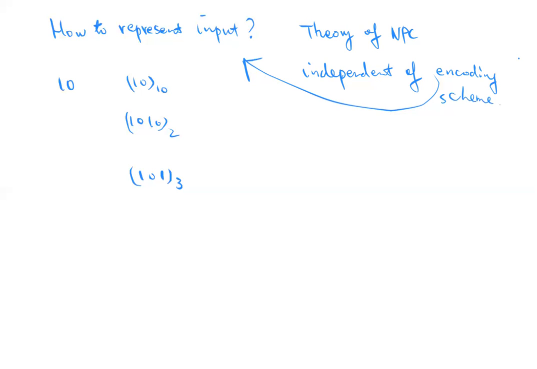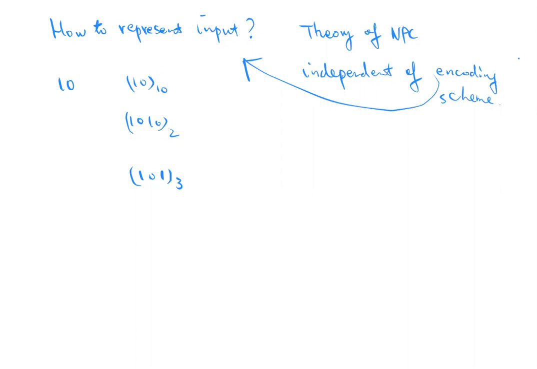So with that in mind, what we do is we assume our encoding will be reasonable. Of course, it has to be reasonable, otherwise it makes no sense. We can artificially increase the length of input. Then your running time with respect to input length, as a function, will have much slower growth. So from exponential it can become polynomial or even linear, because artificially we can increase the length of input, right?